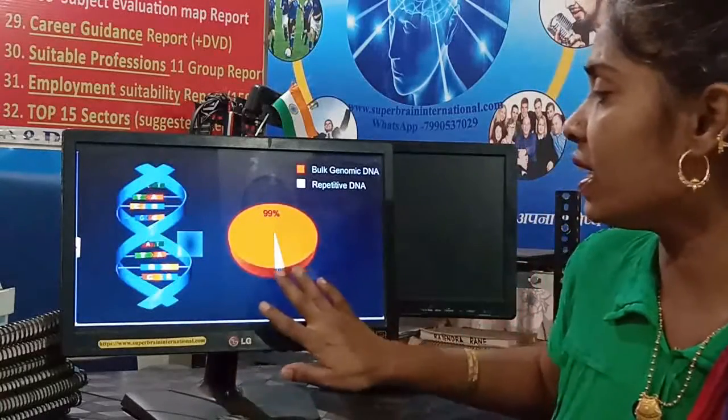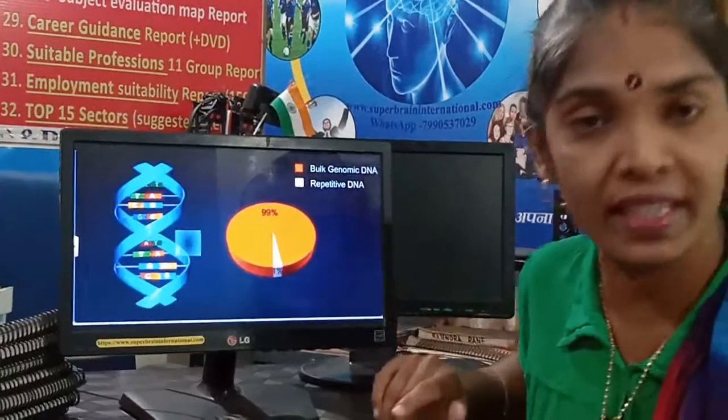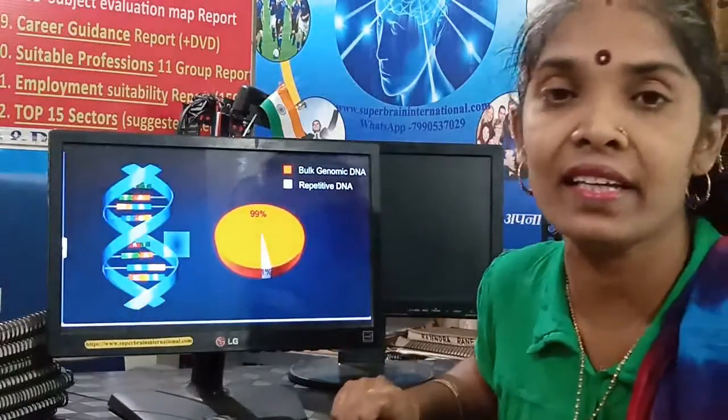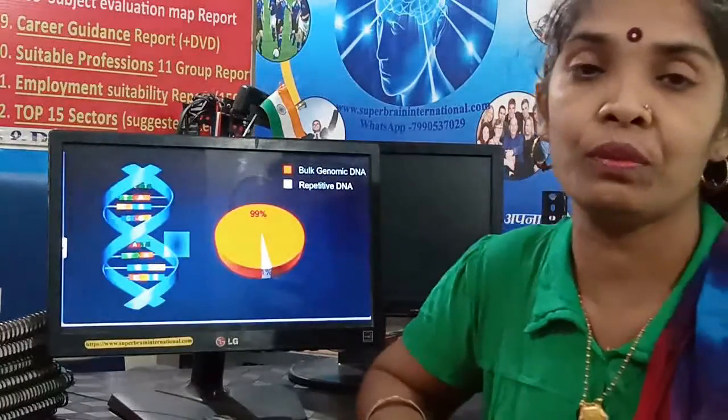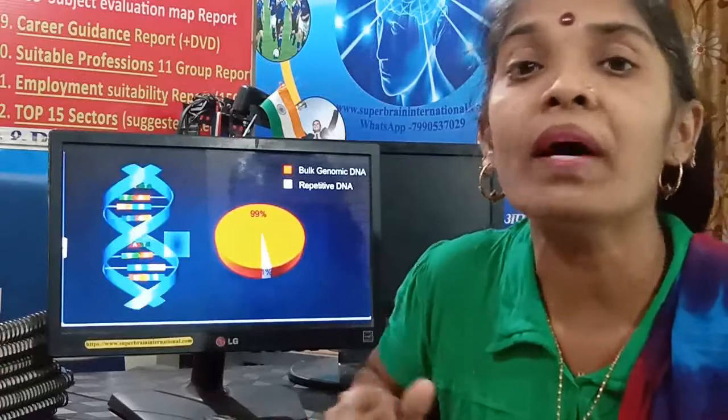Now you can see here the red color, 99% bulk genomic DNA, and this white color, 1%, is repetitive DNA. First understand what is meant by bulk DNA.